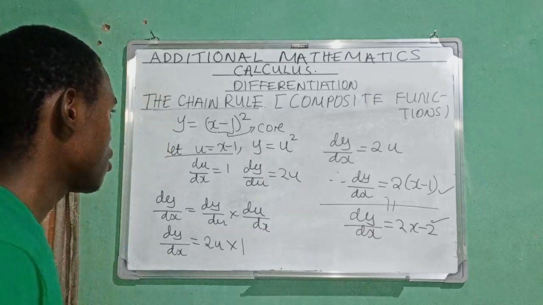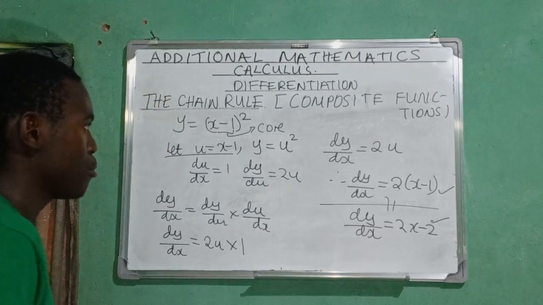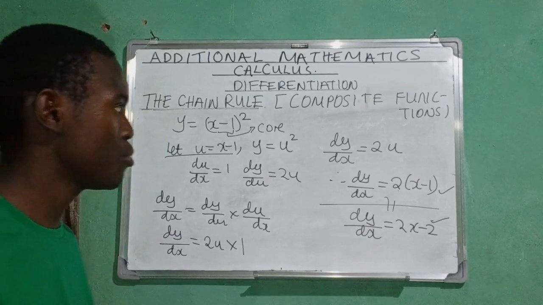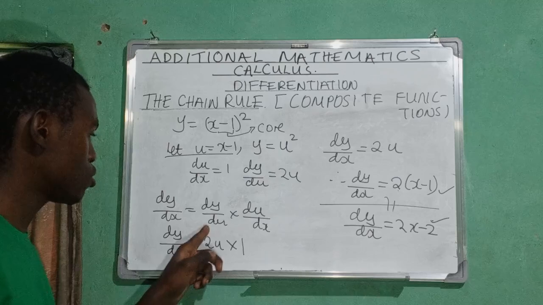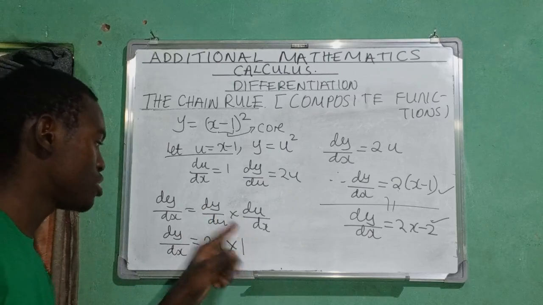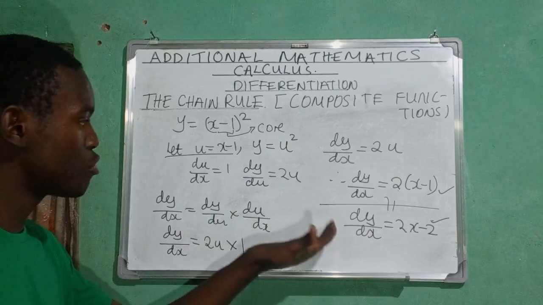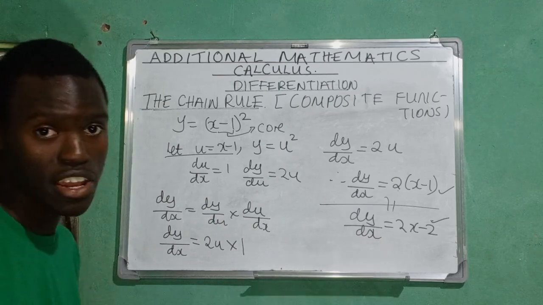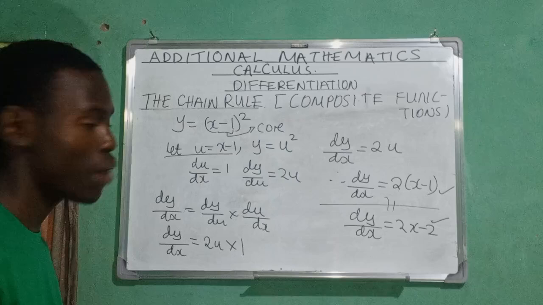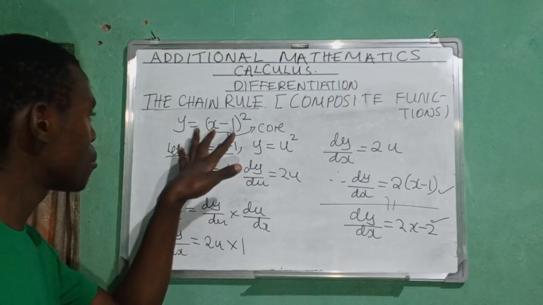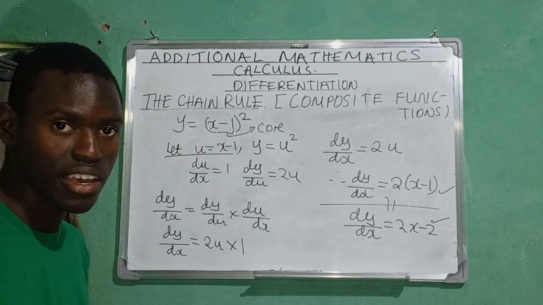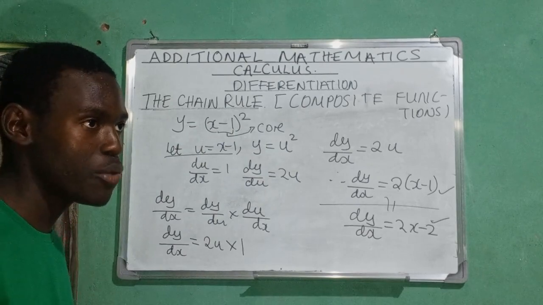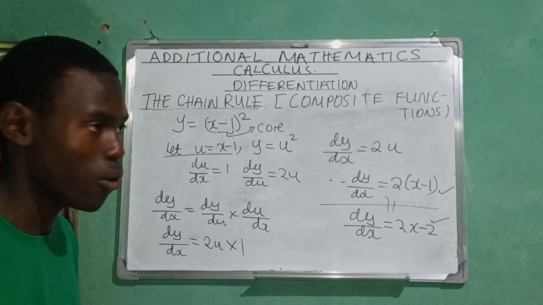Okay. So, summary of the video. We have learned the chain rule. dy/dx is equal to dy/du multiplied by du/dx. And then we found the derivative using the chain rule, where we learned that what is in the bracket right there is called the core, and then we let u be equal to the core.